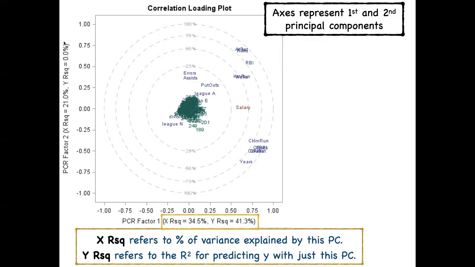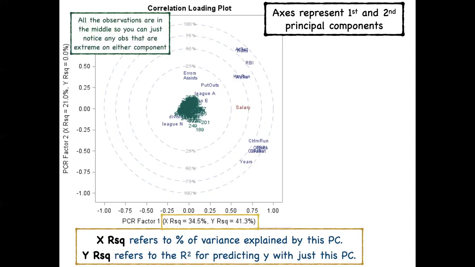What's interesting is that when you add in factor 2, your addition to the R squared is in the second decimal point. The R squared for factor 2 alone is actually 0. But you do explain considerably more variability in the X data.